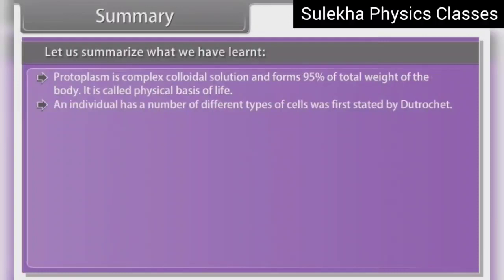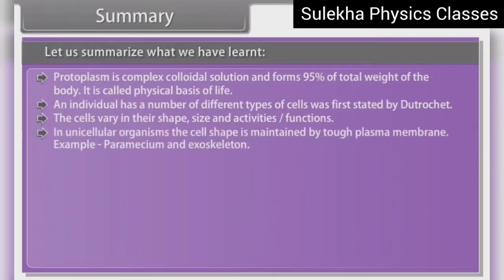An individual has a number of different types of cells was first stated by Dutrochet. The cells vary in their shape, size, and activities or functions. In unicellular organisms, the cell shape is maintained by tough plasma membrane, for example paramecium, and exoskeleton.